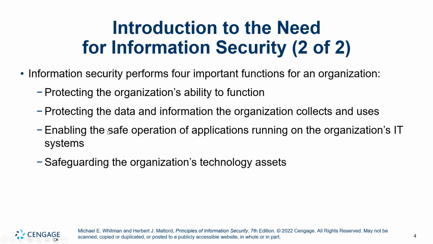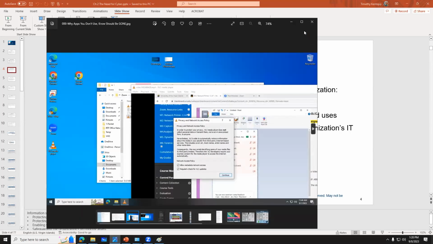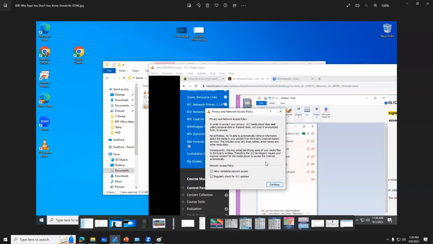So I had an example here. Here is an example of an application that was installed so that we can play video clips. You'll notice that this one install option is selected by default.